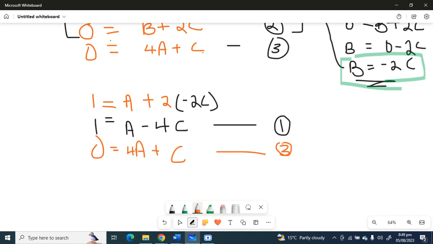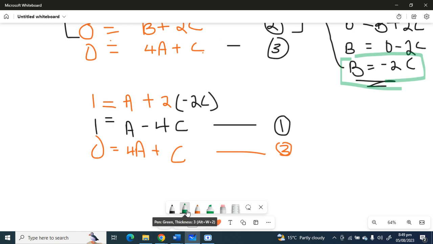Colleagues, I believe we still remember how to do simultaneous equations. Can we try to find the values here? You can use substitution method or elimination method. Which one should we use?